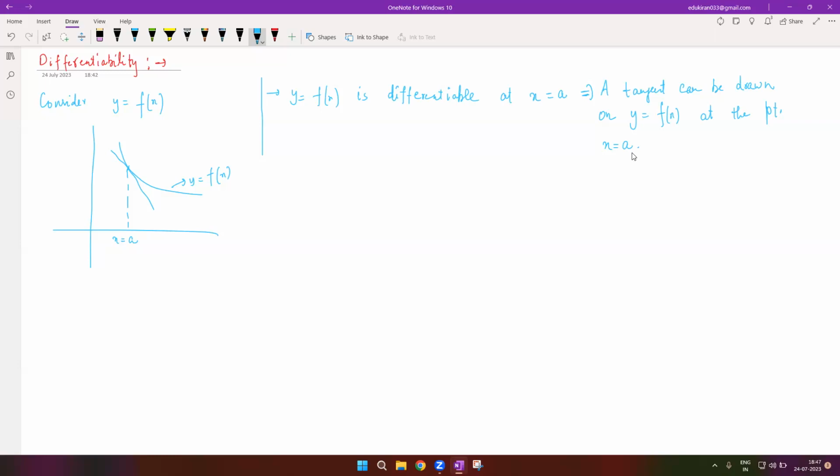Now, how do we know whether a tangent can be drawn or not? If the graph is given, we can easily identify whether a tangent can be drawn or not. But if the graph is not given, then how do we identify?